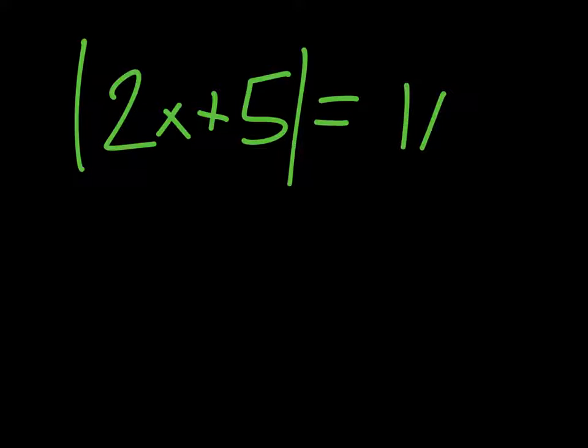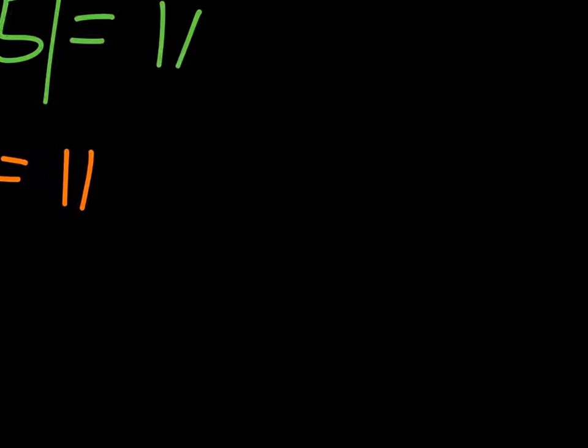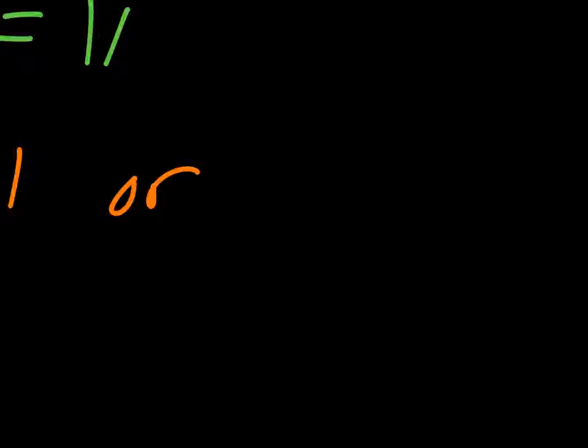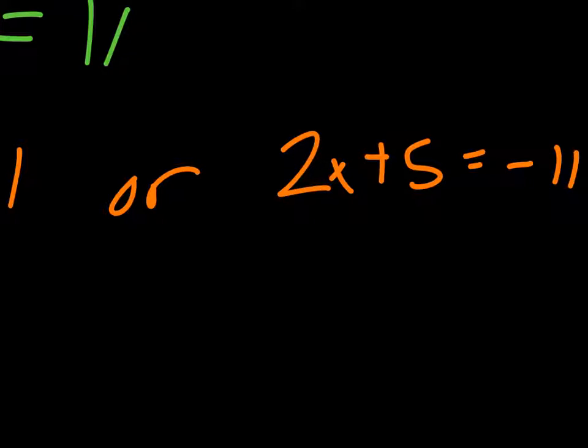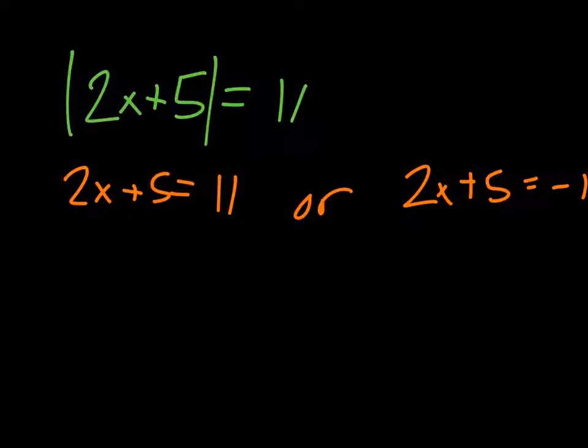So that means that 2x plus 5 equals a positive 11, and it also means that 2x plus 5 can also equal negative 11. We don't need the absolute value signs because that's what we just split this up into.